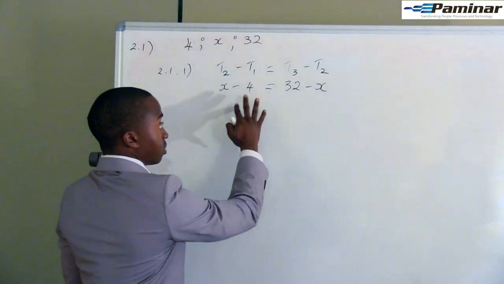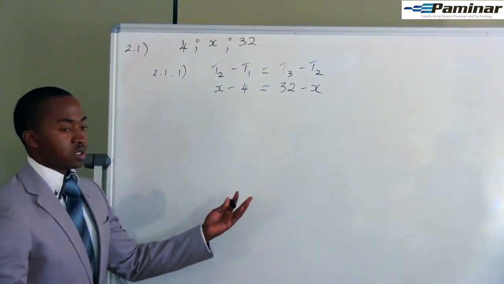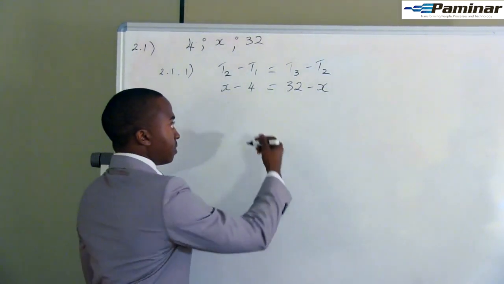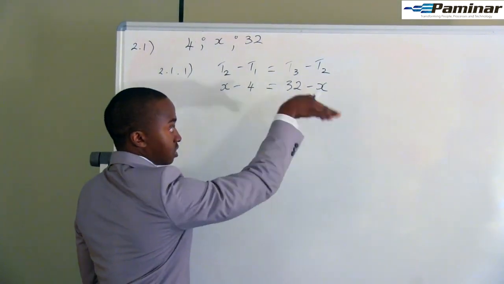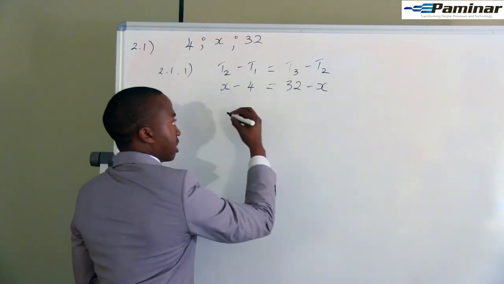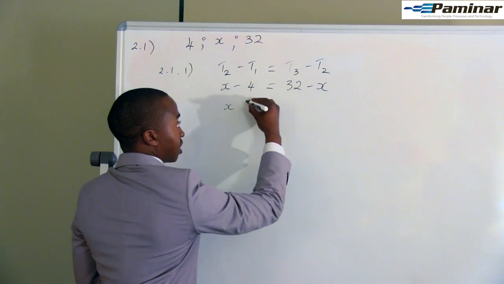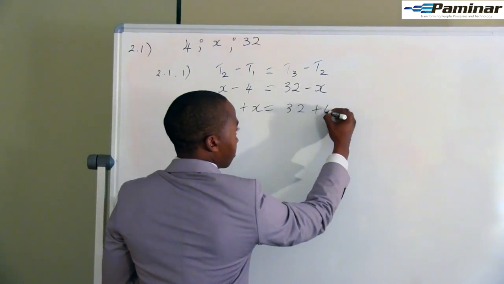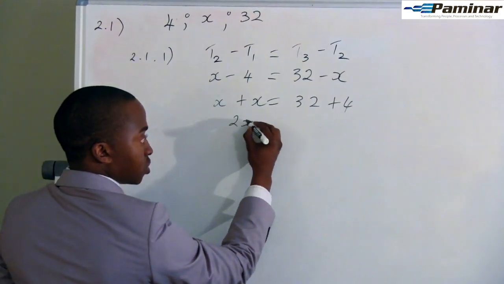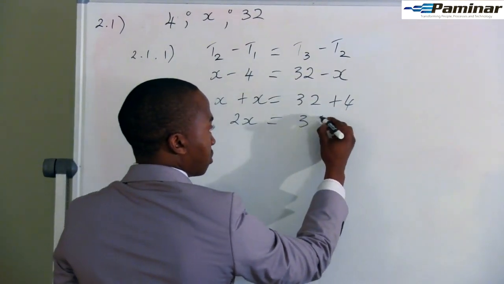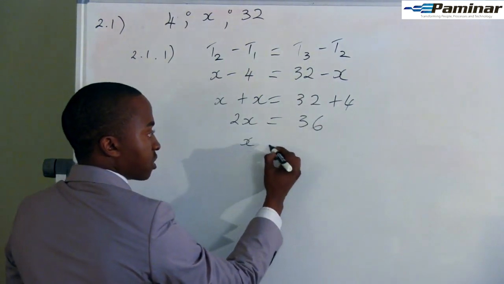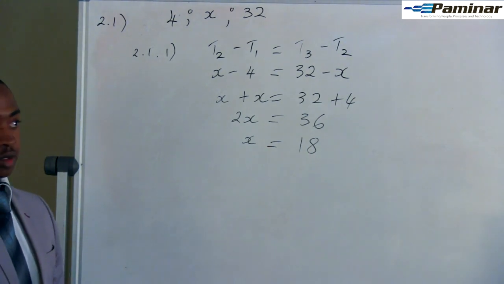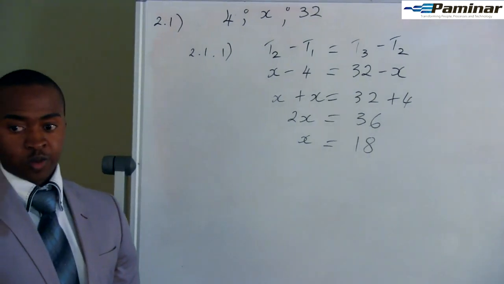Okay, so the moment we've got this, as you can see, we've got an equation. We just solve it normally now. So we take the numbers over to the one side and the x's over to the other side. This becomes plus x, and this will become plus 4. Then that becomes 2x equals 32 plus 4, 36. Therefore, x will equal 18. Okay, so that would be 2.1.1.